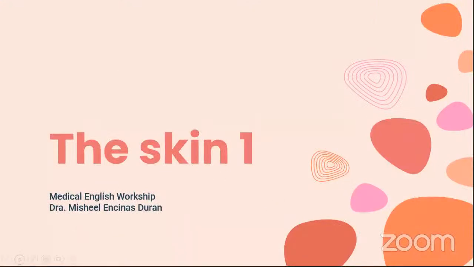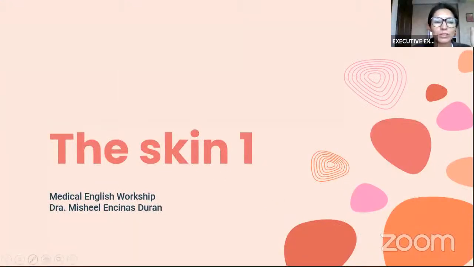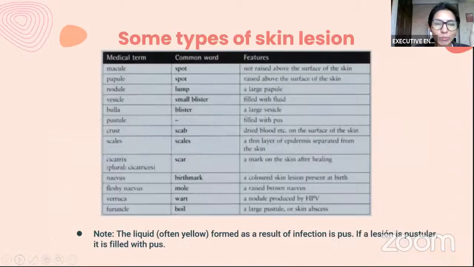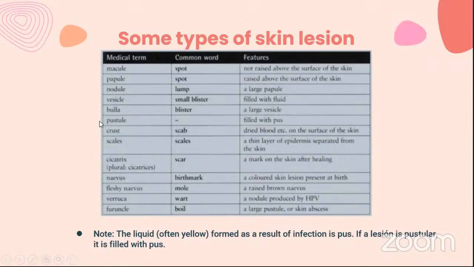Okay. As you can see, we are going to talk about the skin, part 1 and 2, and we're going to name some types of skin lesion. I don't know if you can read the first 5, please, Salome. Sure. Some types of skin lesion. Medical term: macule. Common word: spot.